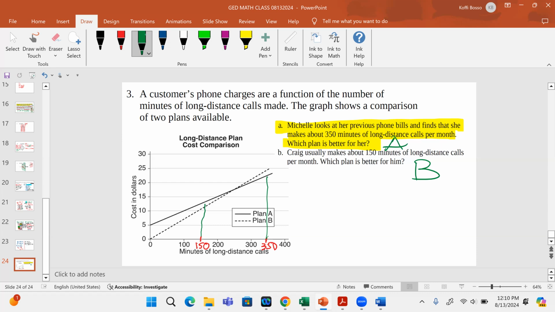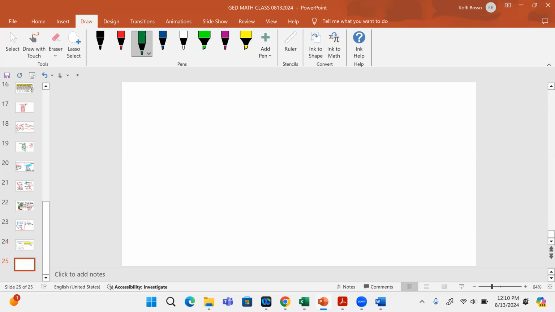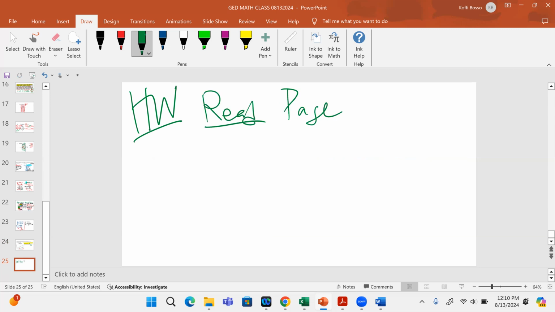Yes, but we don't have enough time, because next week I want to do geometry, so I want to finish everything about quadratic functions. So homework, read page 360, questions 1 to 5.